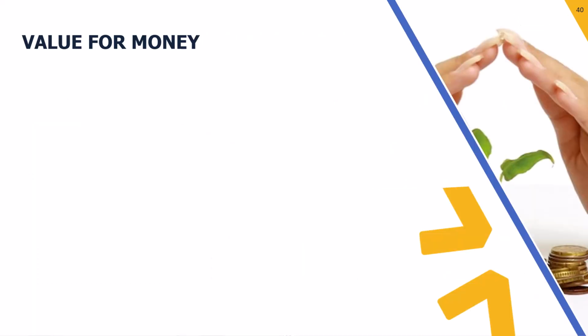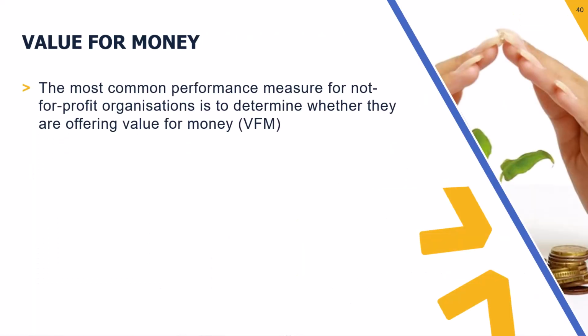Now, one of the key areas for most organisations which are considered to be not-for-profit is value for money. This is the most common performance measurement that these types of organisations would use. Ultimately, it's to determine whether or not what they're doing is offering value for money.